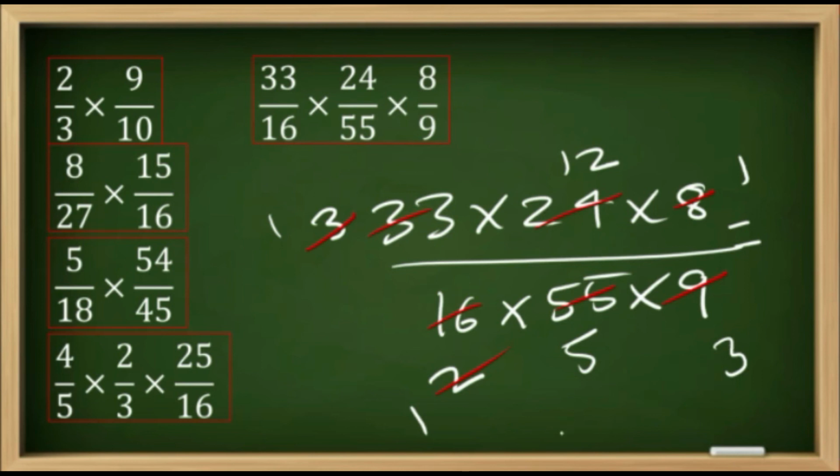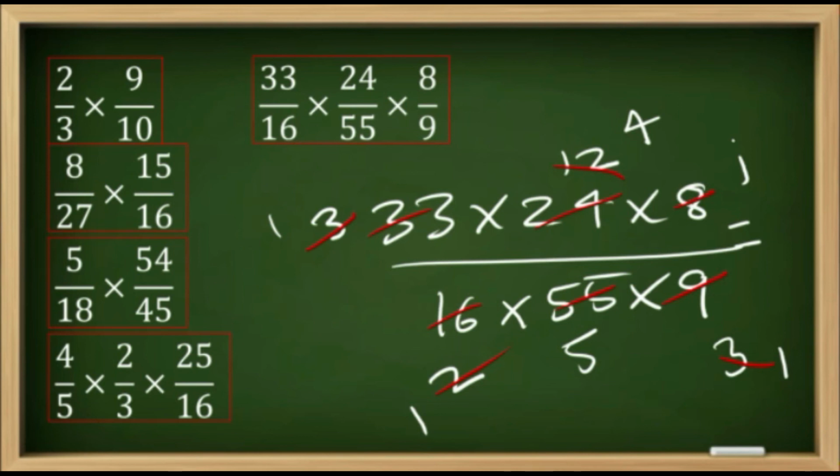And now even this 3 and this 12 can also be simplified. So I'm going to go ahead and do that. So 3 ones are 3, 3 fours are 12, okay? So now there's finally no chance of simplification.